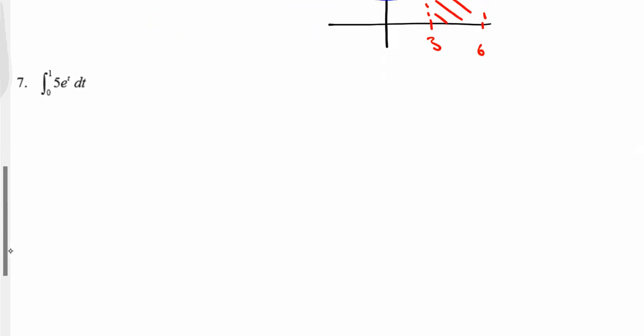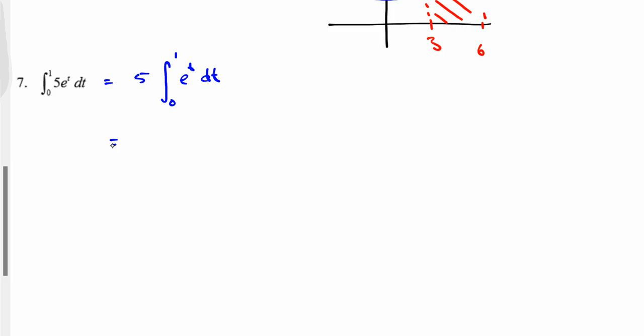Now, we've been working with x's and dx, but we could use any variable. So in this case, my independent variable will be t. A reminder, since I have a constant multiplied to that, that's the same as 5 times the integral from 0 to 1 of e to the t dt. E to the t is the derivative of what?